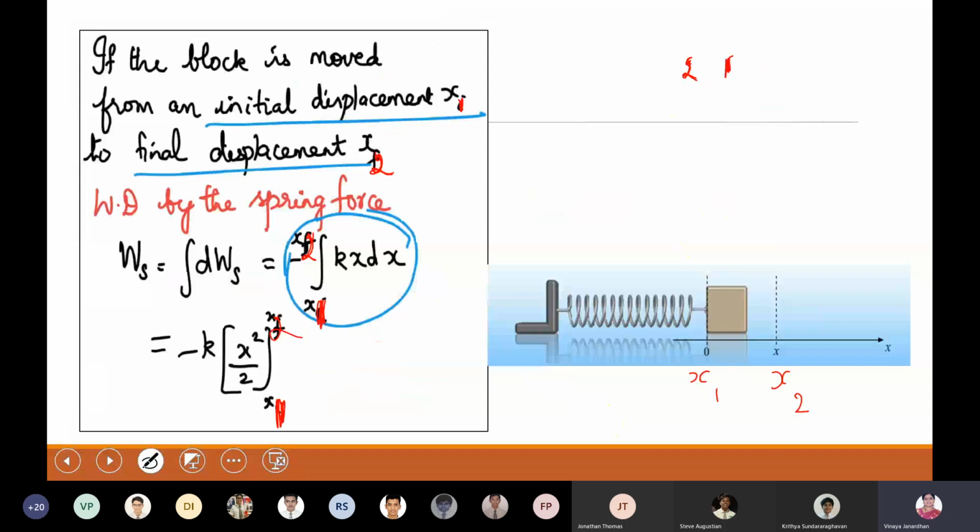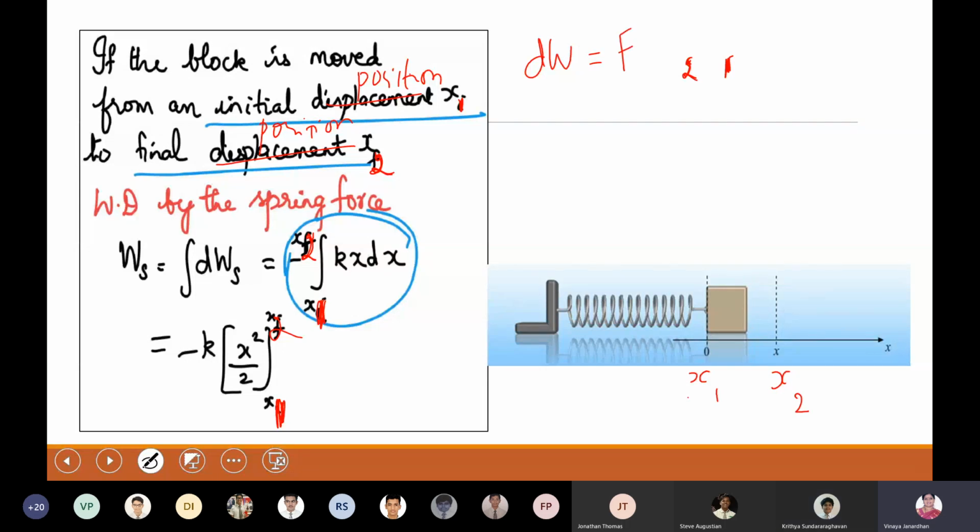Now, if the block is moved from initial position x1 to final position x2, let us find what is the work done. We started with the work done by the restoring force, or the spring force, when the displacement was very small.